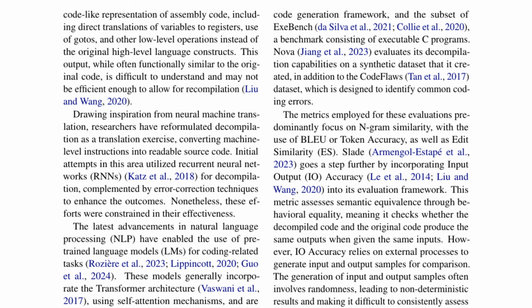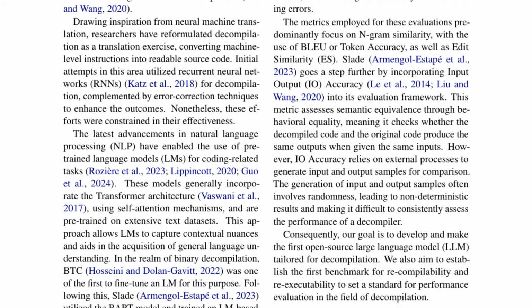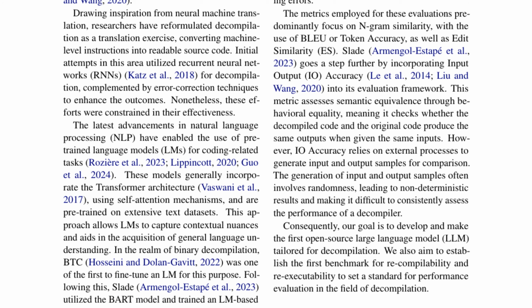The metrics employed for these evaluations predominantly focus on n-gram similarity, with the use of BLEU or token accuracy, as well as edit similarity. Slade goes a step further by incorporating input-output accuracy into its evaluation framework. This metric assesses semantic equivalence through behavioral equality, meaning it checks whether the decompiled code and the original code produce the same outputs when given the same inputs.